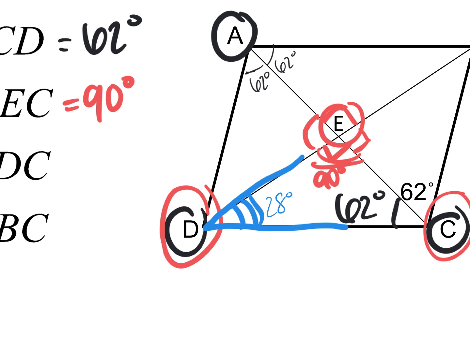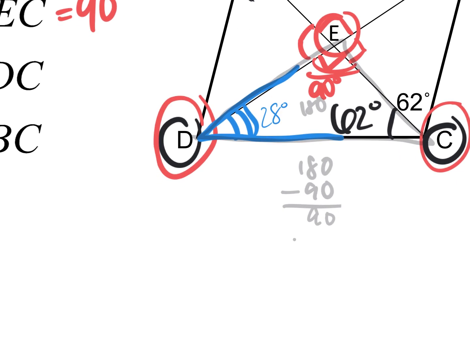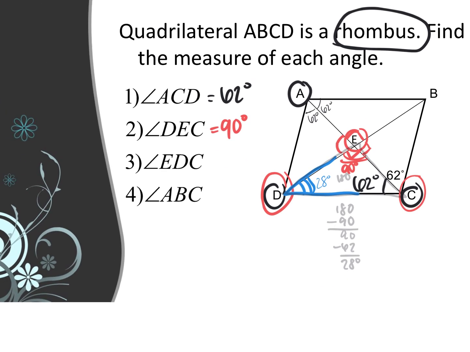I added 90 and 62 and then I subtracted. Isn't this a triangle, guys? How many degrees are in a triangle? 180. So if you take 180 and you subtract 90, you get 90. If you take 90 and you subtract 62, what do you get? 28 degrees. Okay, so that angle must be 28 degrees.